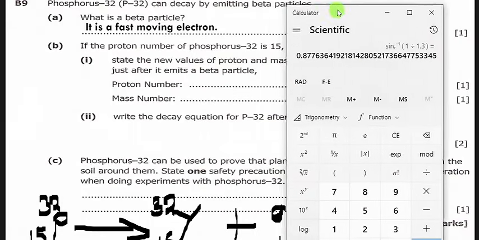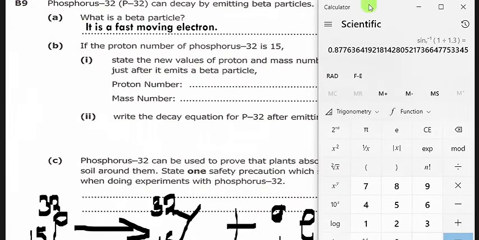So in 32 here, if there are 15 protons, the neutrons are 32 minus 15, which equals 17. So there are 17 neutrons here.